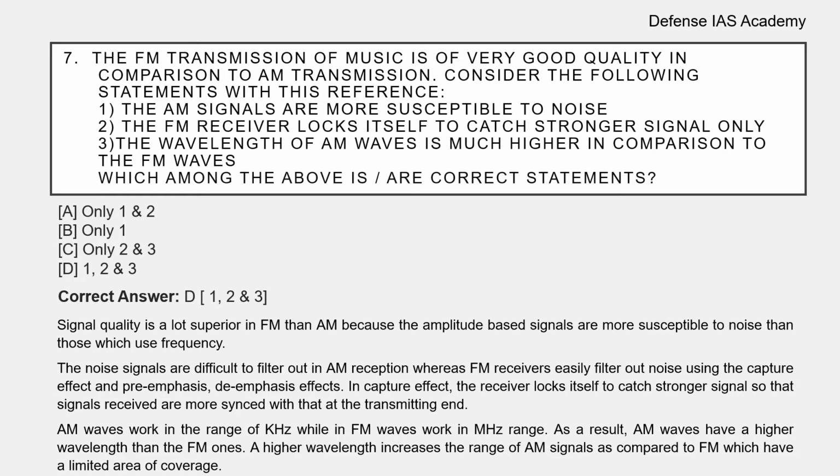In capture effect, the receiver locks itself to catch stronger signals so that signals received are more synced with that at the transmitting end. AM waves work in the range of kilohertz while FM waves work in megahertz range. As a result, AM waves have a higher wavelength than the FM ones. A higher wavelength increases the range of AM signals as compared to the FM, which have a limited area of coverage.